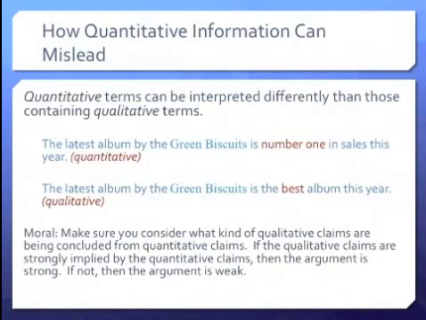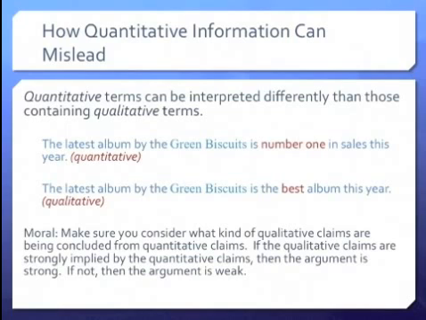Finally, graphs, percentages, and statistics deal primarily with quantitative information, information that is given in numerical values. However, such information often lends itself to interpretations that are different from qualitative information that is given in terms of subjective qualities. For example, consider the claim that the latest album by the Green Biscuits is #1 in sales this year.